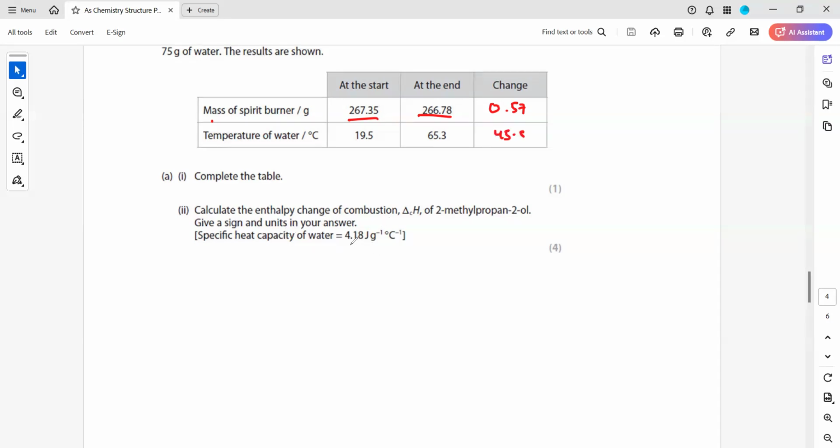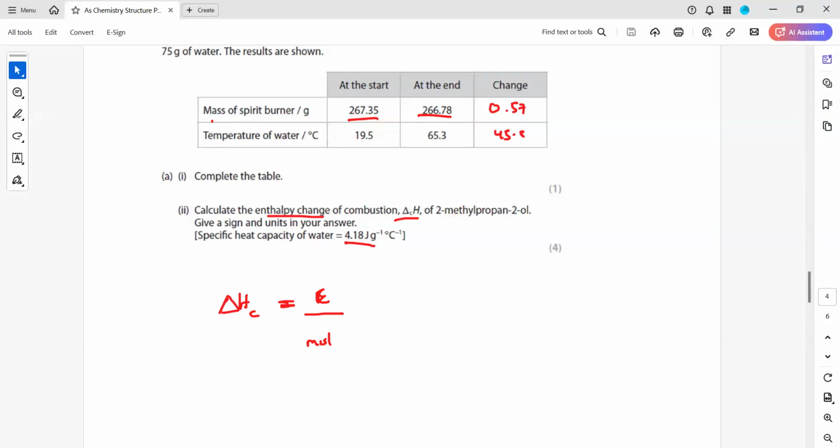The specific heat capacity of water is 4.18. We need the enthalpy change of combustion. The enthalpy change is energy divided by mole, like how much energy is being released or absorbed divided by the mole.